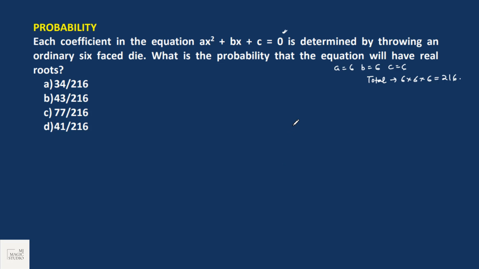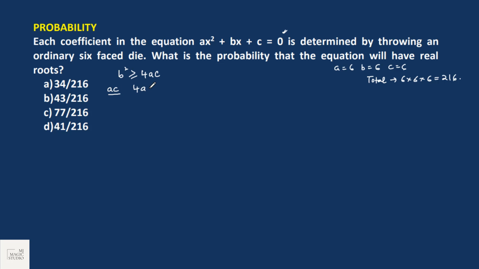Out of these 216 cases, we need to identify those cases such that the equation has real roots. The equation will have real roots when b square is greater than or equal to 4ac. That means the discriminant is greater than or equal to 0. So now we need to start identifying all those pairs such that b square is greater than or equal to 4ac.